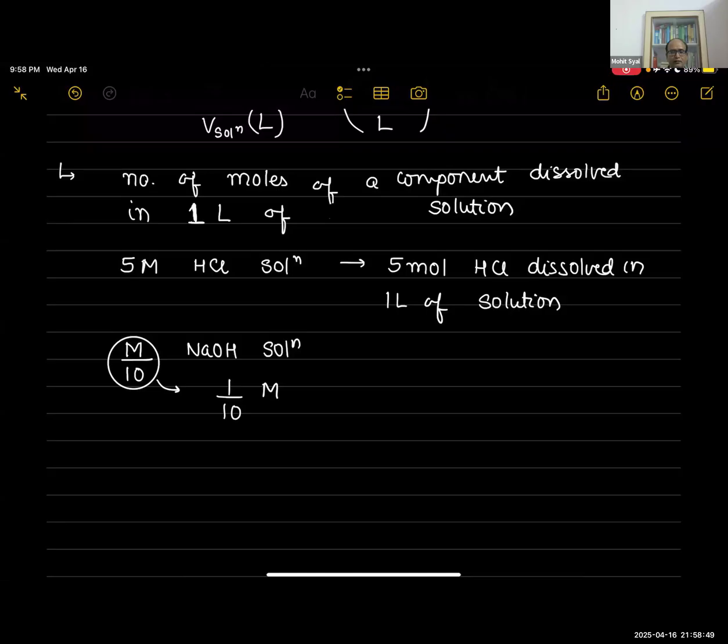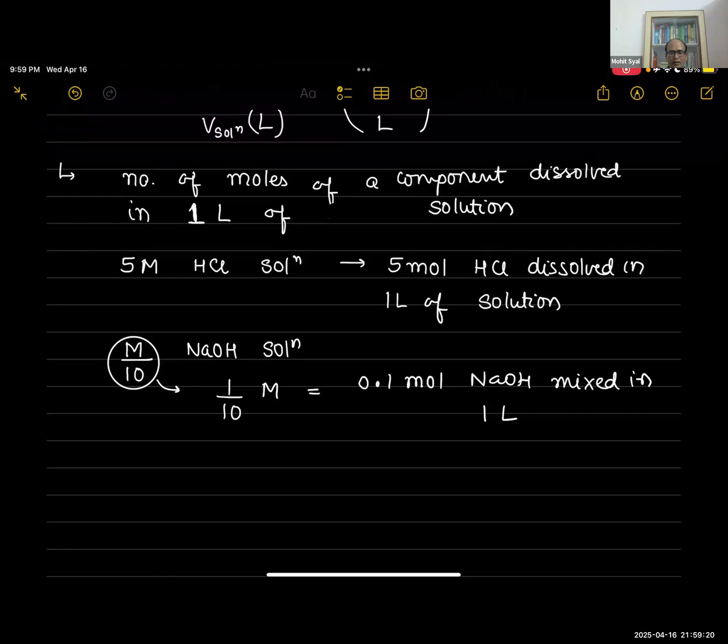Got it? It means 0.1. 1 by 10 is how much? 0.1 mole NaOH mixed in 1 liter. Is that clear? Got it?